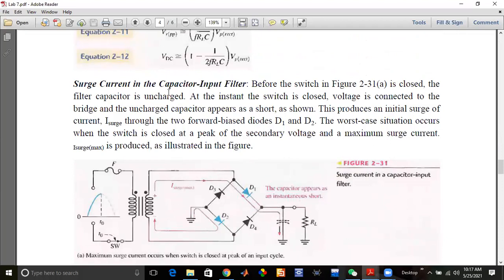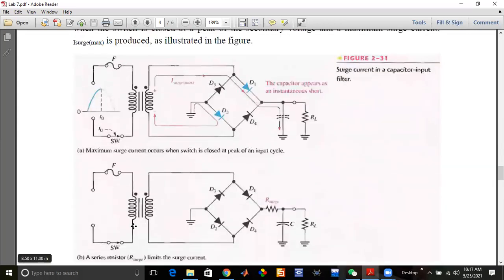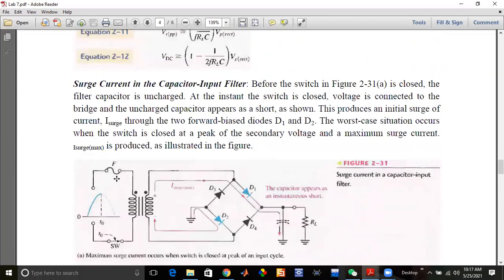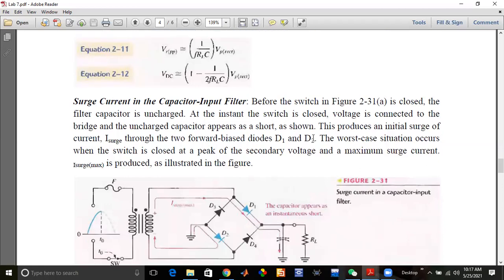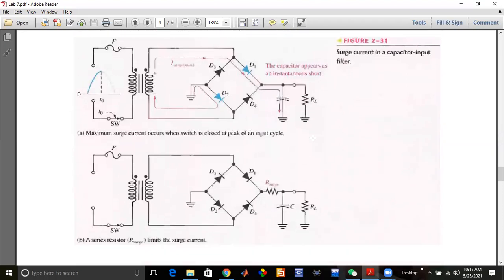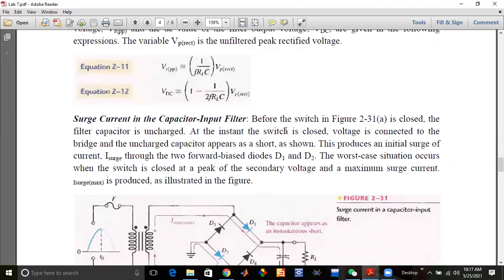The surge current in the capacitor input filter: before the switch in figure 2-31A is closed, the filter capacitor is uncharged. We have not used the switch here.